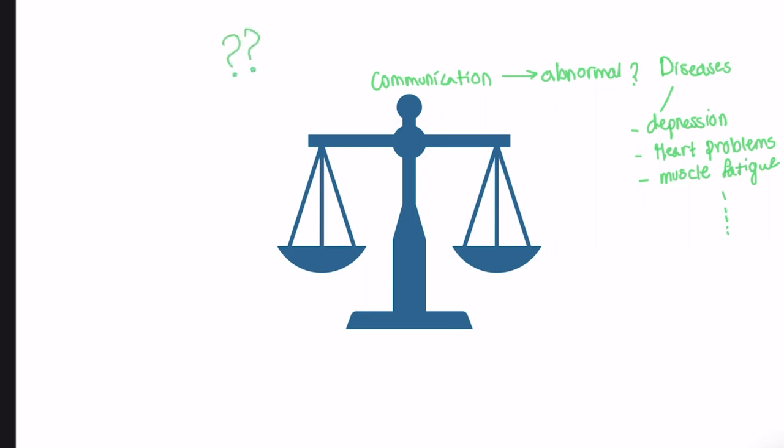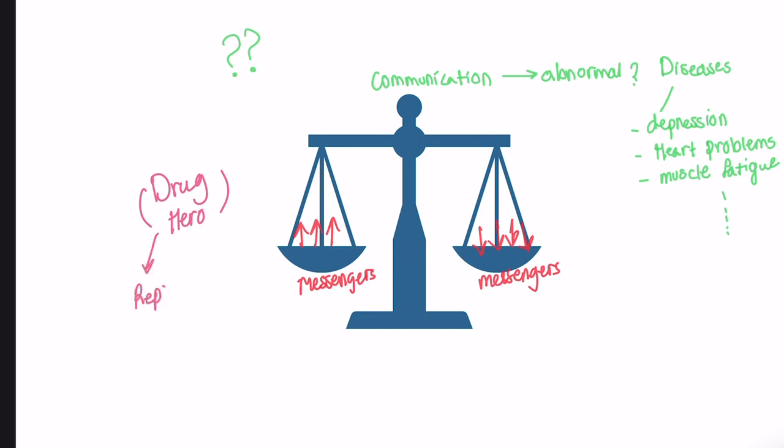It would be that too many or too few messengers are being released. At this point, the drug can play a role by either acting as a replacement of these messengers or by blocking the receptors from receiving their natural messenger to return everything back to its balanced state, the homeostasis.